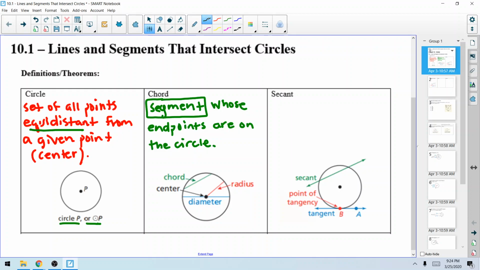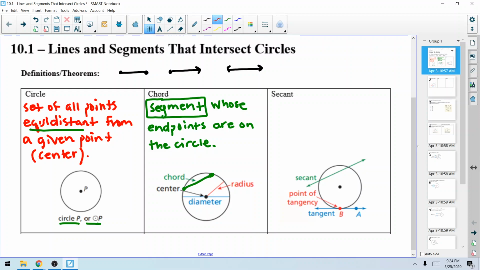So if we're looking at a segment, we're looking at something that looks like that. If we're looking at a ray, we're looking at something that looks like that. And if we're looking at a line, we're looking at something that looks like that. So specifically, a chord is a segment. So if you take a look at your picture, it goes endpoint over endpoint, and it just hits the two ends of the circle. That's a chord.